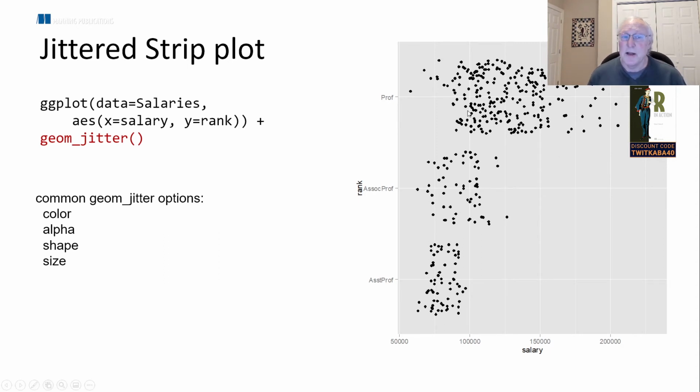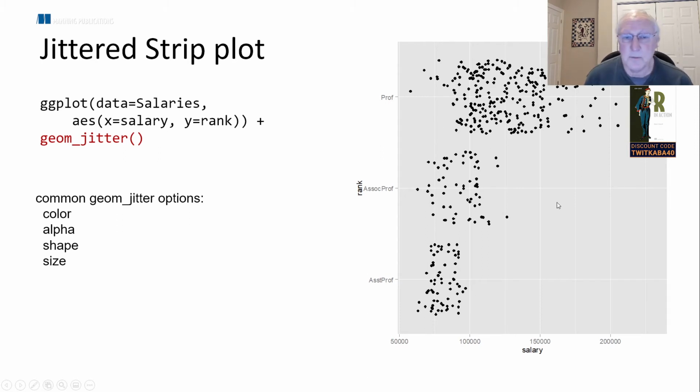So what is jittering? Jitter adds a small random value to the y-axis. Remember, the y doesn't really mean anything, because full professors are up here, associate professors are in the middle, assistant professors are down below. But other than that, y doesn't mean anything. And so adding a little randomness makes it easier to see the points that are overlapping, and we can see the spread of the data.